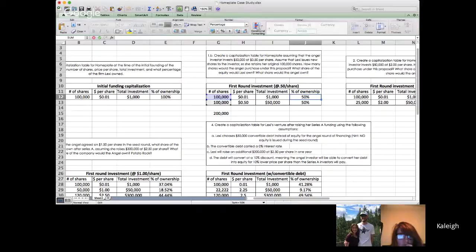I just did, to find the percent of ownership, you take 100,000 and divide it by the sum of both shares. So it's ultimately 100,000 divided by 200,000. Right. And that gives you 50%. And then you do the same for this one, 100,000 divided by 200,000.